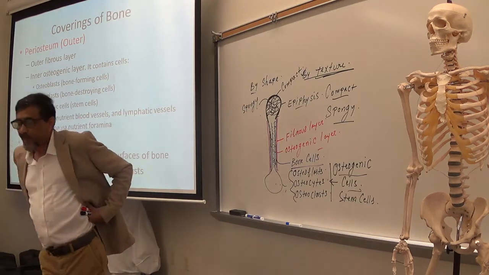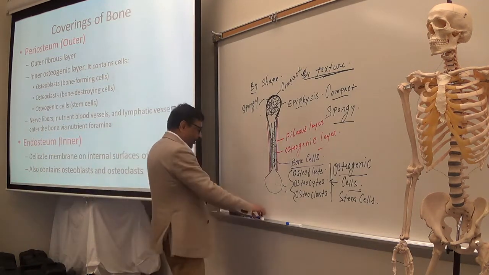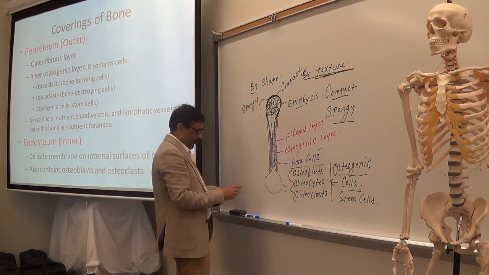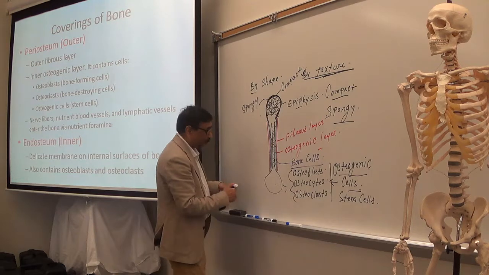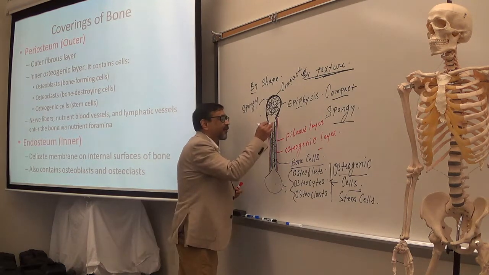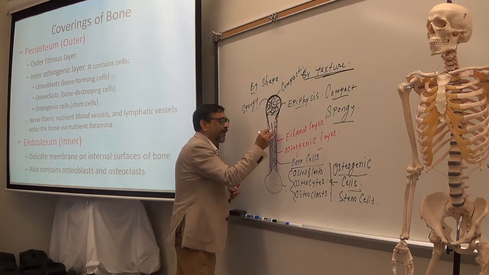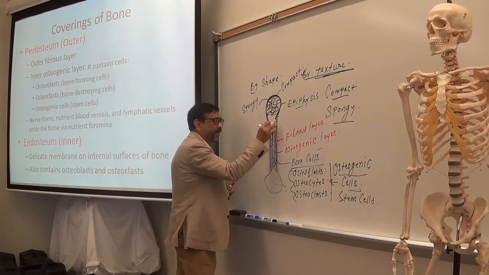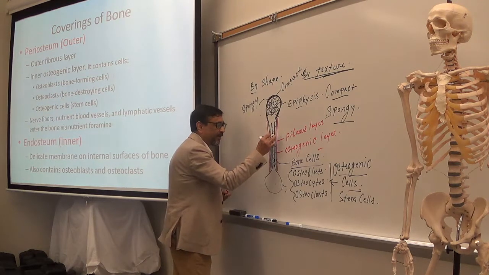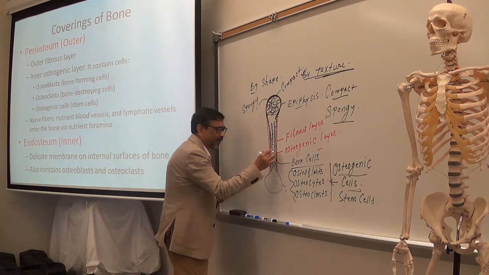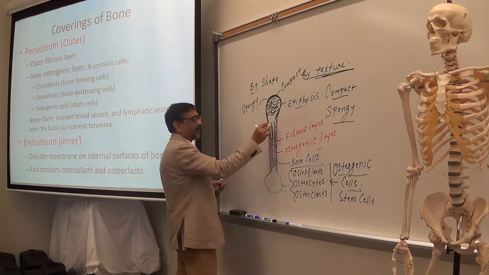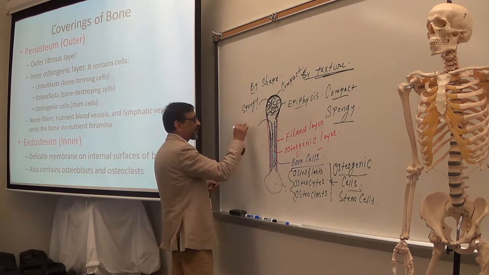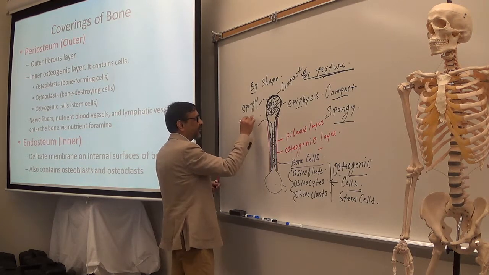Now, those are two layers of periosteum. Now, in the inner surface of the compact bone around the medullary cavity, this is the medullary cavity, you know, inside the shaft, just around the medullary cavity, you have another layer that is called endosteum. Endo means inside, you know, endosteum.